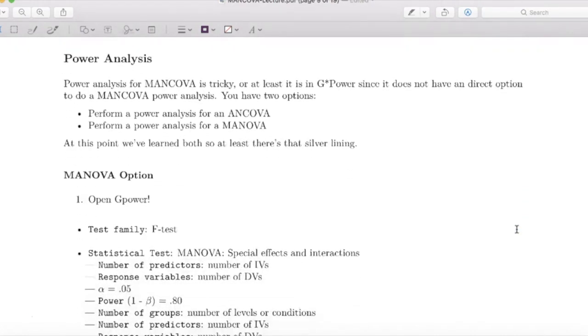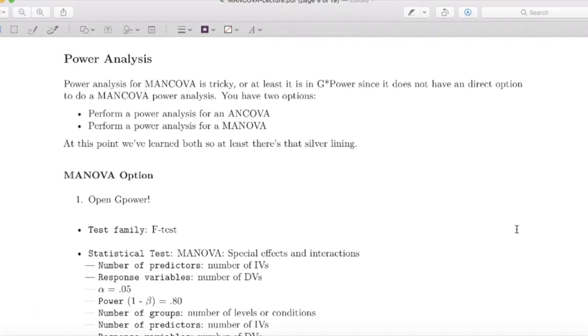Okay, so let's go into power analysis. Power analysis is going to be tricky for Mancova, and it might be tricky because of the software that we're using. We were using G-Power, and it doesn't really have an option to do a Mancova power analysis. So you can do it two ways if you really need it.